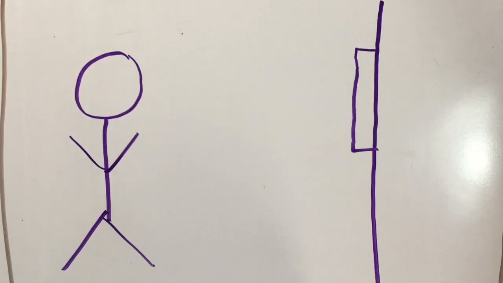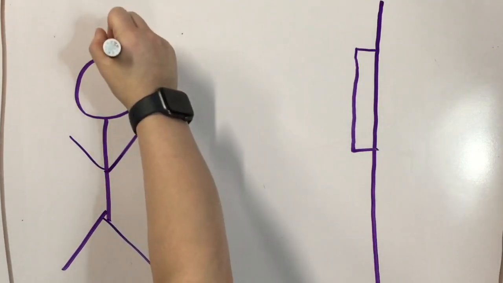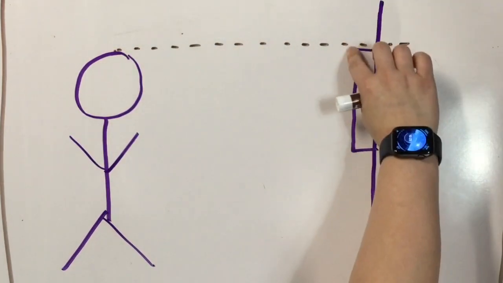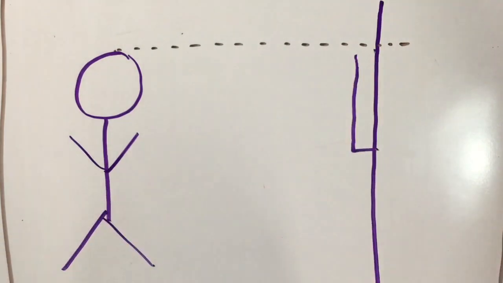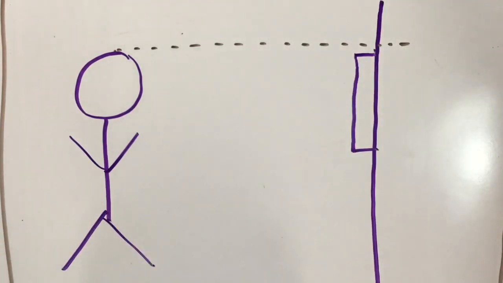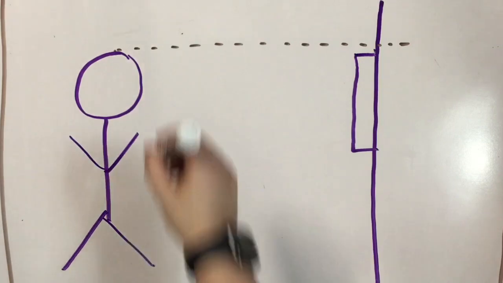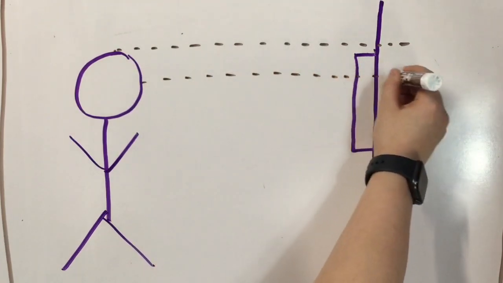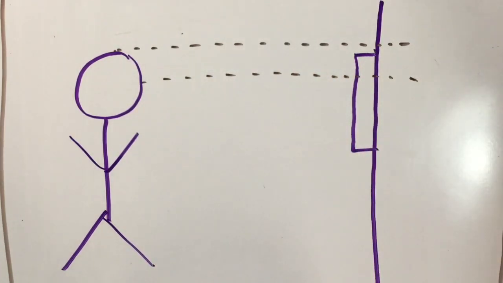First thing that we're going to do is draw some lines to keep us straight. First line is going to go from the top of the head out. Next is going to go from the eyes straight across. And the last one from the feet straight out.